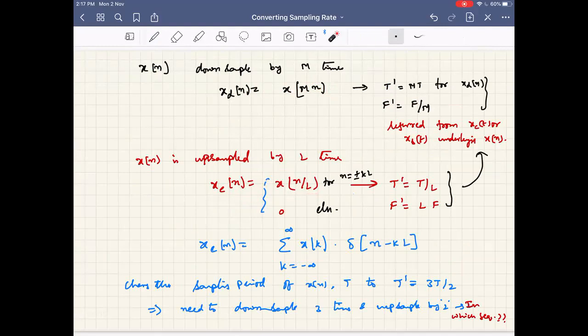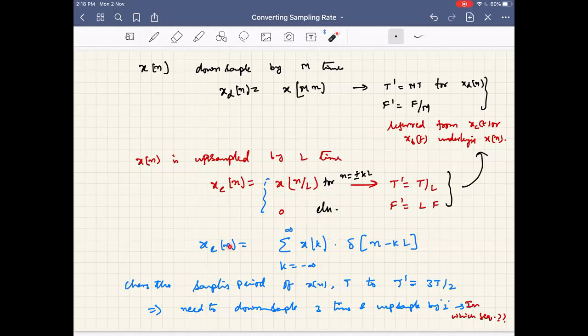Downsampling is taking out alternate M samples with M-1 samples gap to collect x of Mn from x of n, whereas expansion is introducing L-1 zeros in between the samples of x of n.